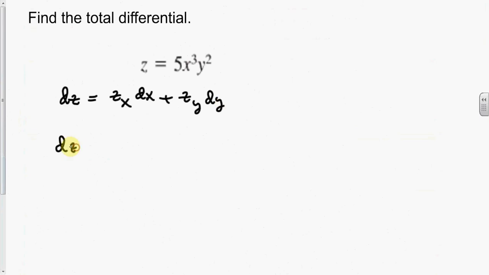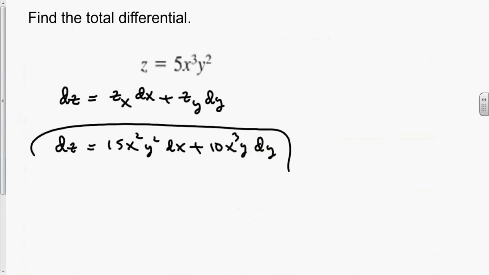So here, dz, I take the partial with respect to x, I get 15x squared times y squared times dx, plus the partial of z with respect to y, that's 10x to the third times y times dy. That's it.